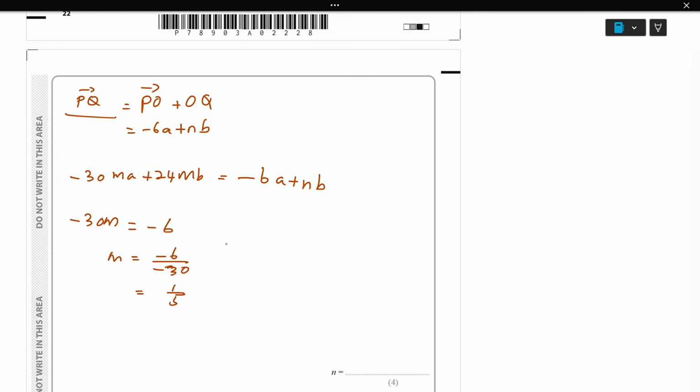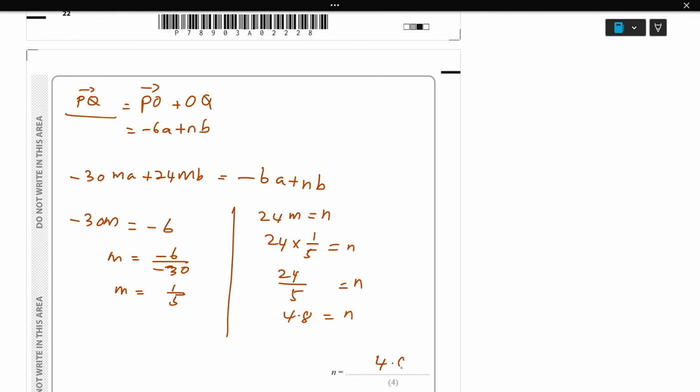So equate both A terms and B terms. First A term I'll equate, which is minus 30m equal to minus 6. So m equal to minus 6 over minus 30, which is 1 over 5. m value I got it. Next, B: 24m equal to n.